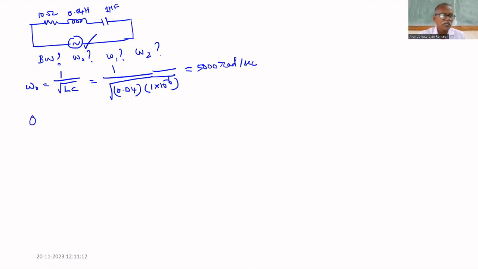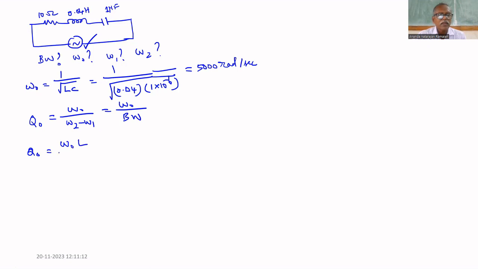Bandwidth on relation we know that Q naught equal to omega naught divided by omega 2 minus omega 1. That is omega naught divided by bandwidth. Therefore, Q naught is required to find bandwidth. Therefore, Q naught equal to what?